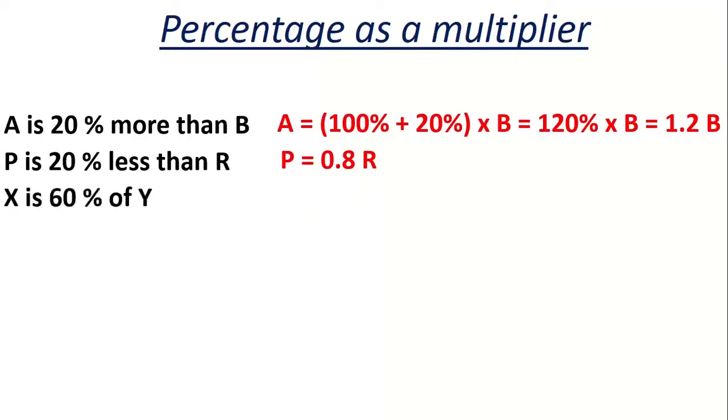X is 60% of Y. So it's simply X is equal to 60 by 100 of Y, that is X is equal to 0.6 into Y. So our multiplying factor is 0.6.